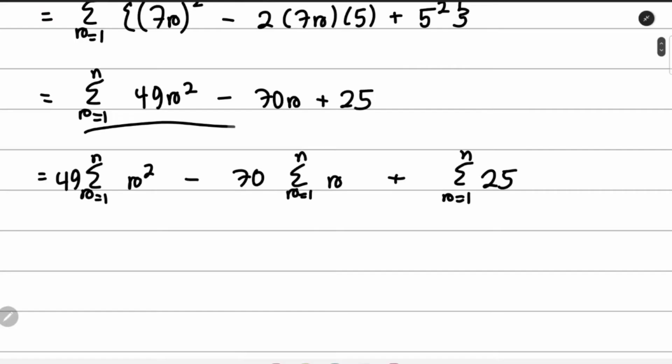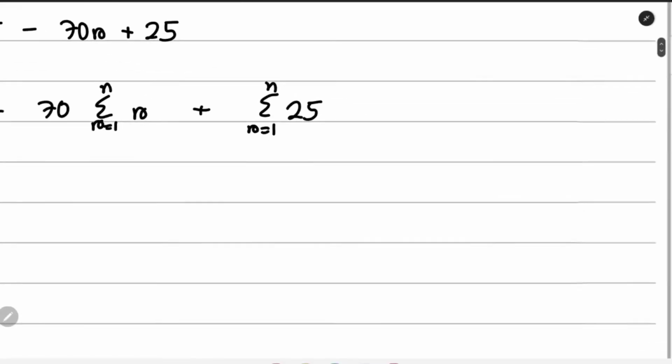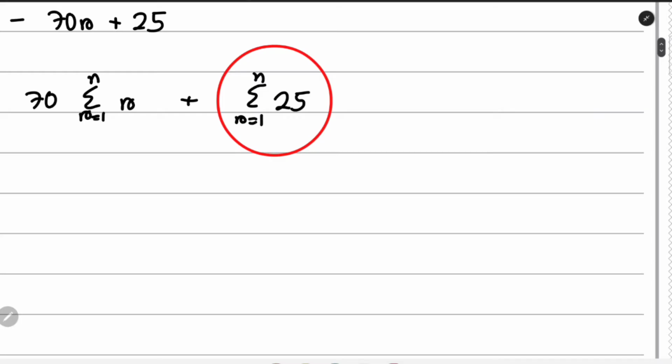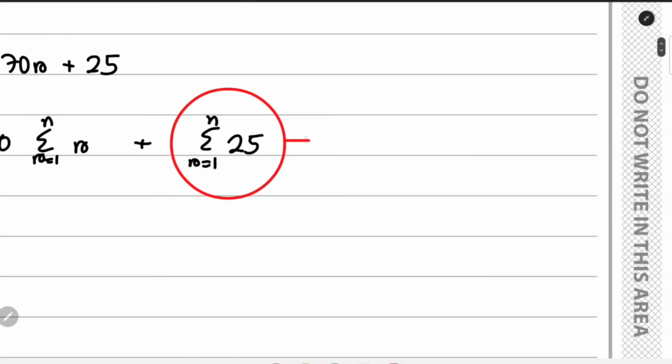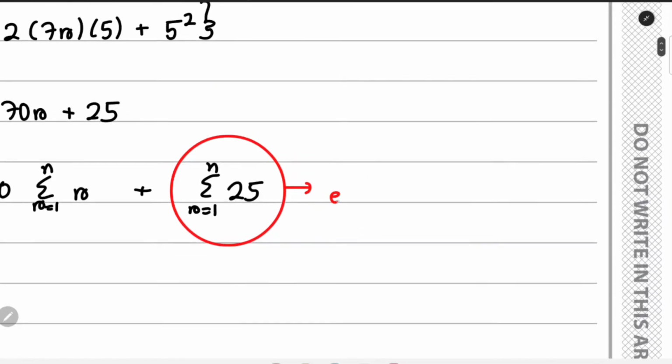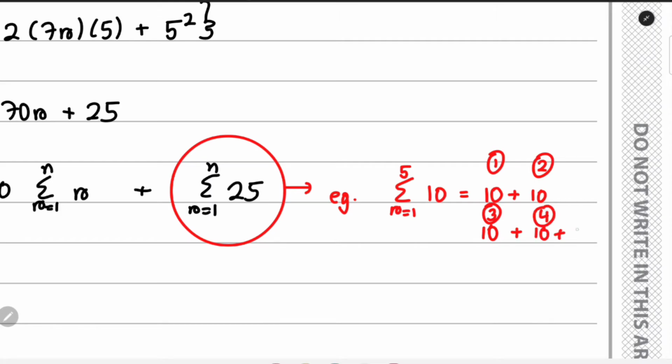The first two are just given in the data booklet. We just have to follow that. Now for this term, it's a constant being added n times. If I had something like the summation of r equals 1 to 5 of 10, this will basically mean adding 10 five times. So the first term is 10, the second term is also 10, the third, the fourth, and finally the fifth term is also 10.